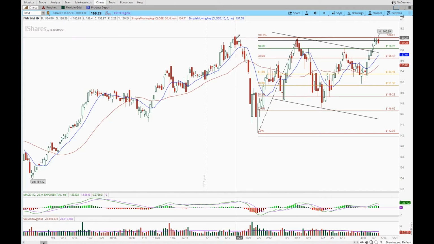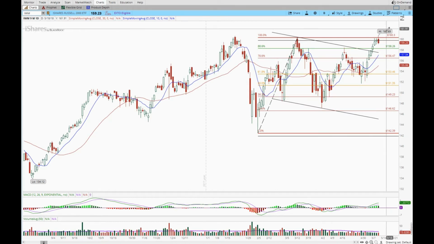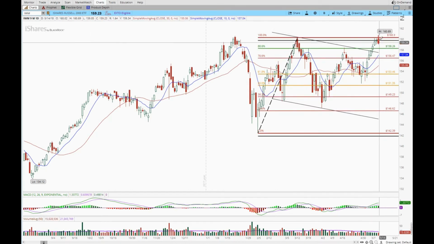So it didn't do it. 160.83 was my target here, and I did have an alert and it didn't trigger. So I did not take the trade.